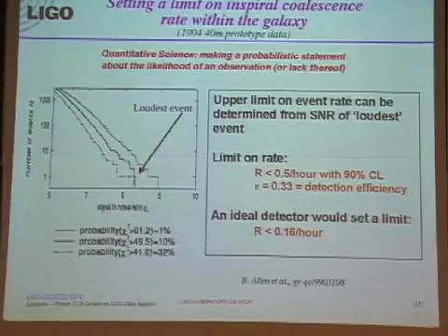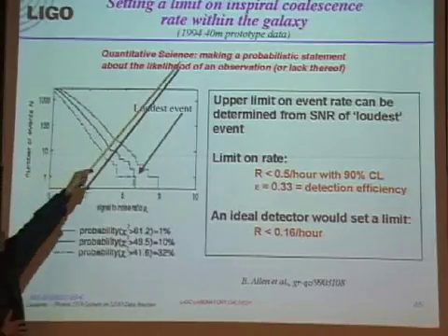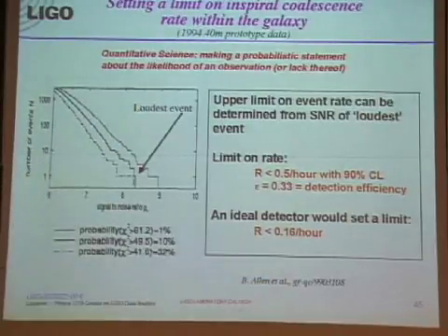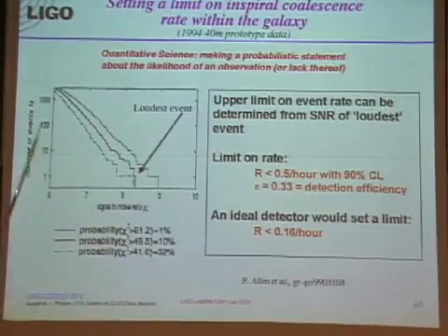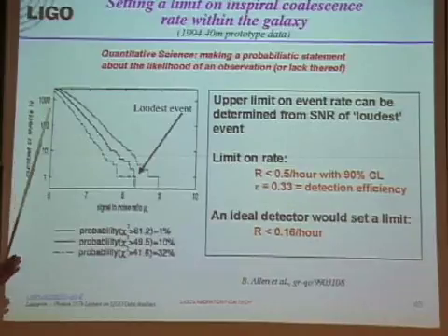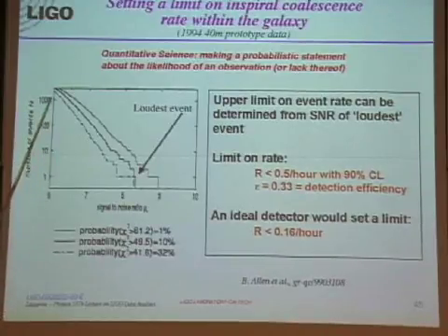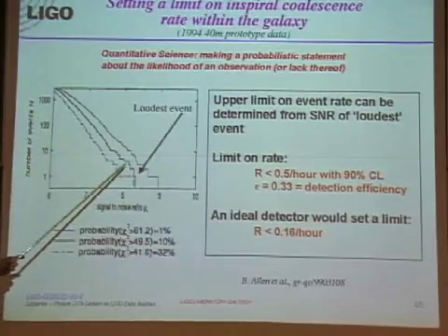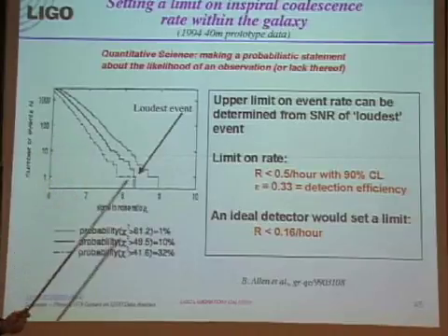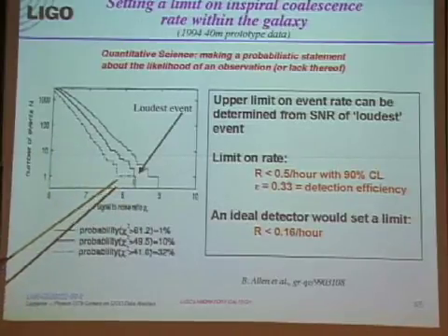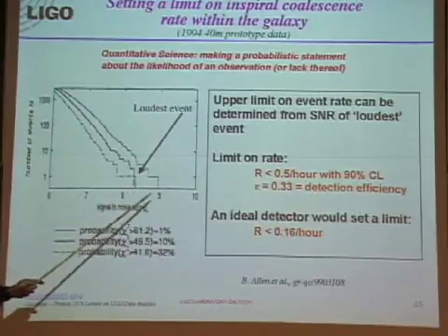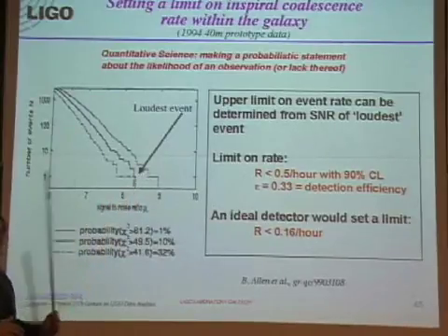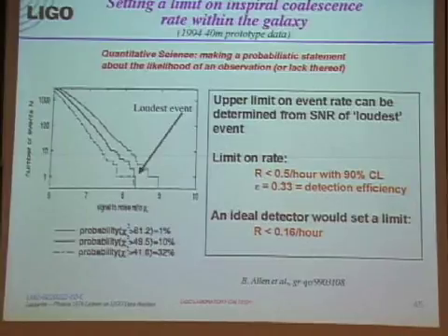The 1994 prototype data that were published in PRL, and for which there's a gr-qc 99 reference, were over a short period of time. Rather than asking whether the events that may have been seen were astrophysical, the converse was asked: what is the least upper limit that's consistent with the loudest signal that I saw, if I assume the loudest signal I saw is not astrophysical in nature?